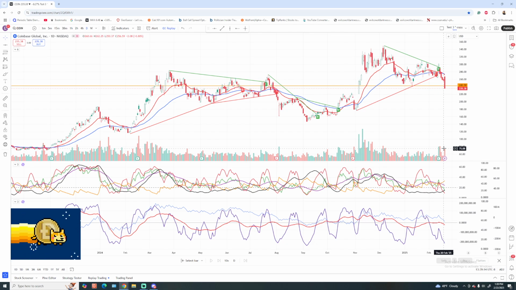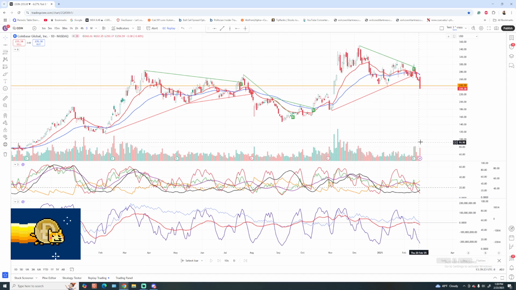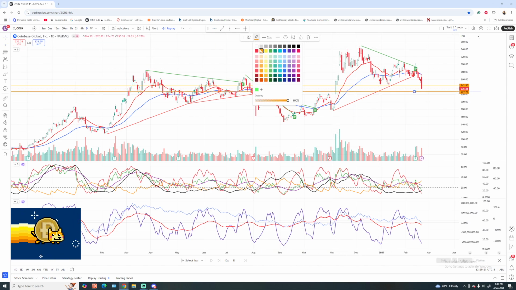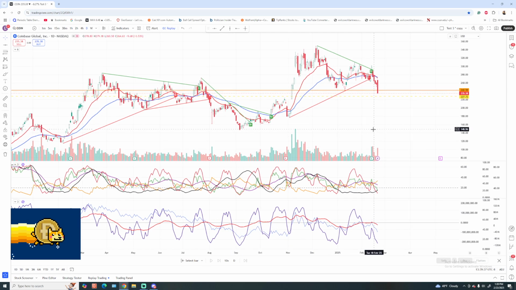But it could still have a continuous downtrend. Because on the next day, if Tuesday it's below this yellow line, whatever support it makes on Monday, if it's below that, it could have a heavy continuous downtrend.